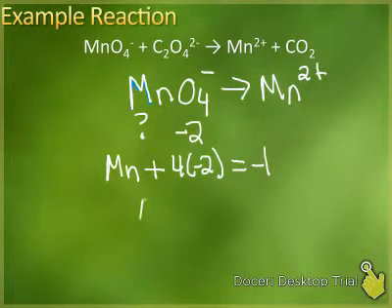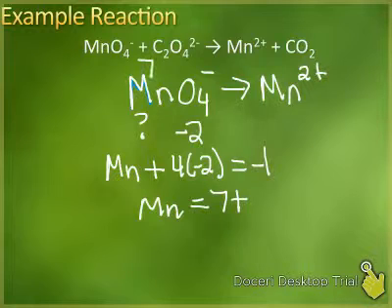So therefore, our manganese has to equal 7 positive. This manganese over here has an oxidation number of 2 positive. Now we have discovered the oxidation numbers, so it's going to help us in the next step determine what we need to do. Okay.